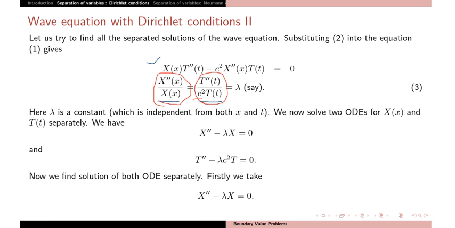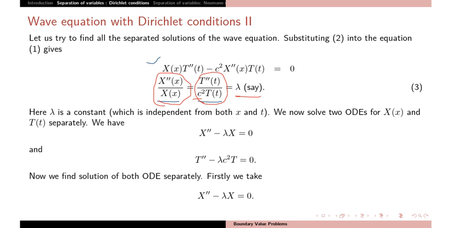Since both x and t are independent variables and both sides are equal, we say that both sides are constant and they are equal to some constant, say lambda.